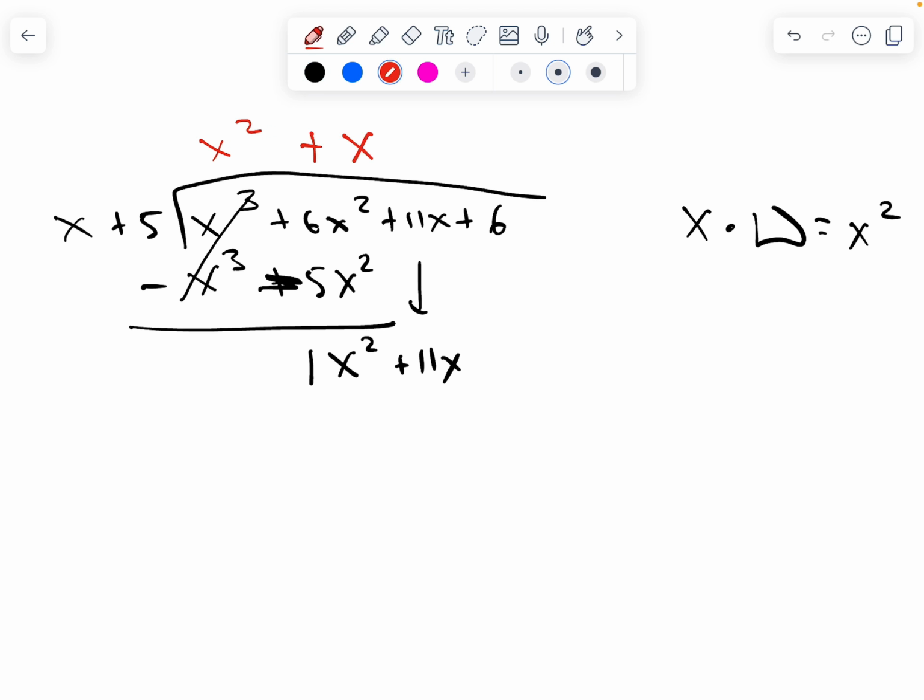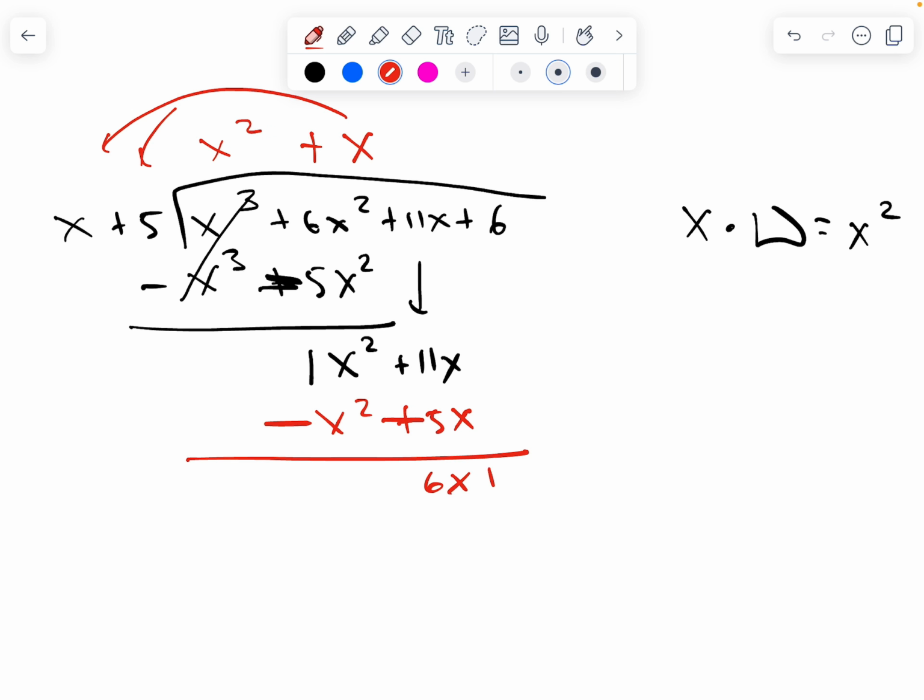Okay, now we're going to multiply by both of those. That's going to give us x squared plus 5x. We're going to switch the signs. That's going to give us 11x minus 5x is, wait a second, 6x. Okay, so we get 6x plus 6.